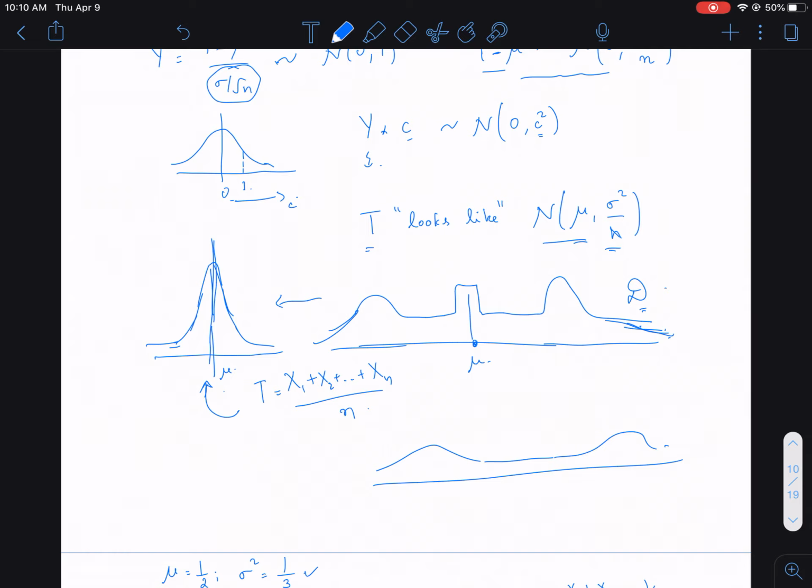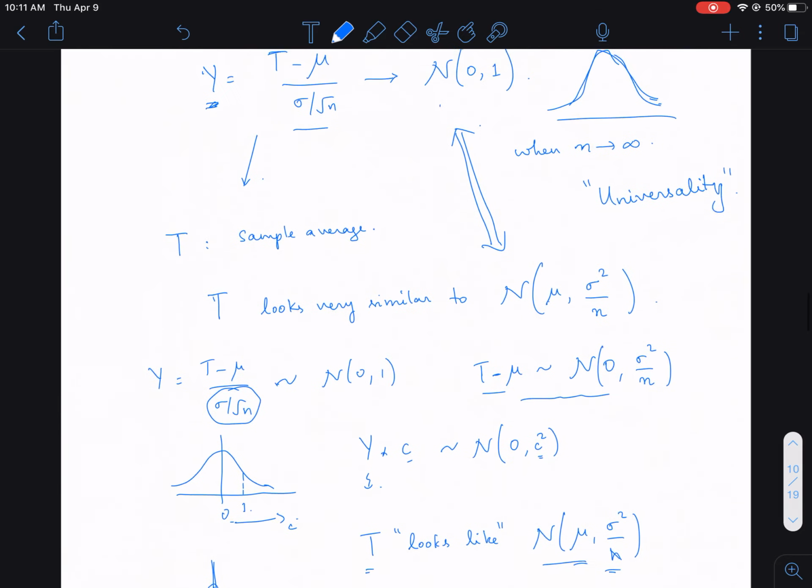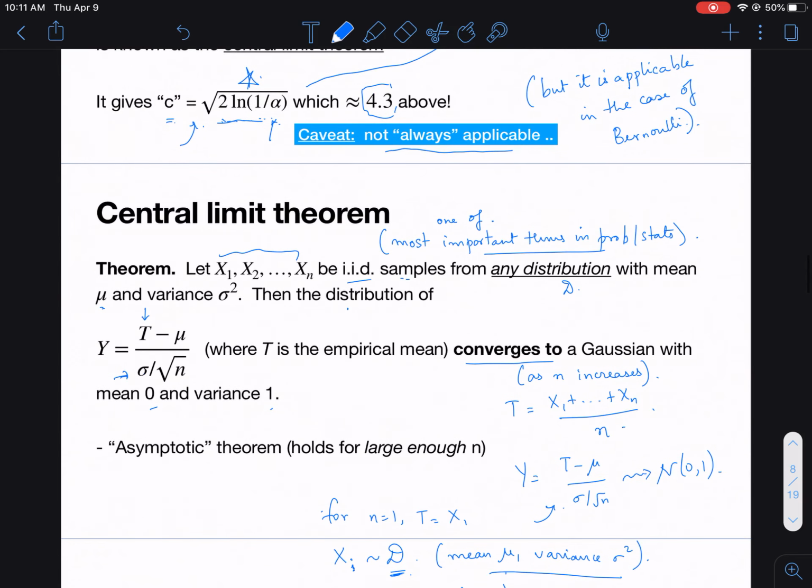If you have lots of factors that contribute to the computation of a certain quantity, and you're averaging all those factors, each factor could be independently distributed with some variation, but if you average them out, the distribution of your final quantity will look like a Gaussian. That's a very nice property, and that's why the Gaussian distribution is one of the most common assumptions for the distribution of errors and various quantities.